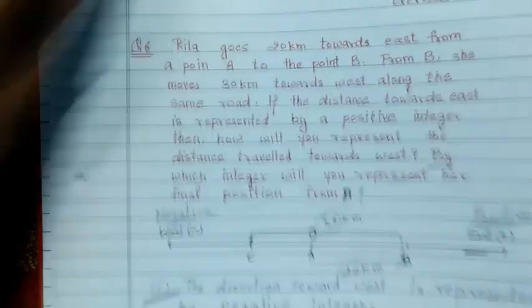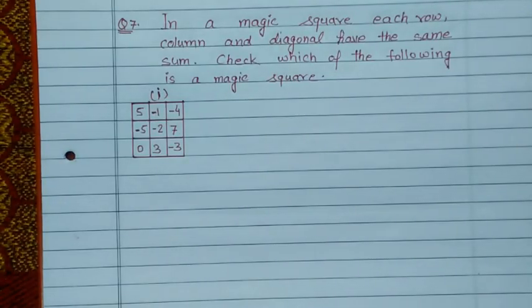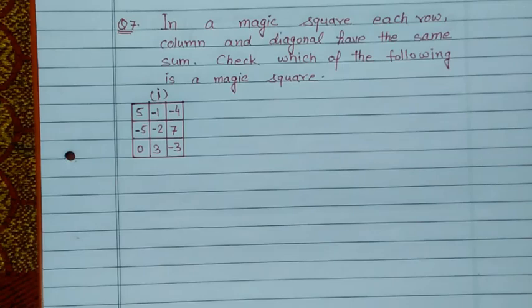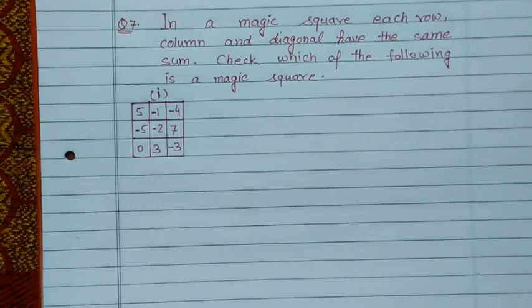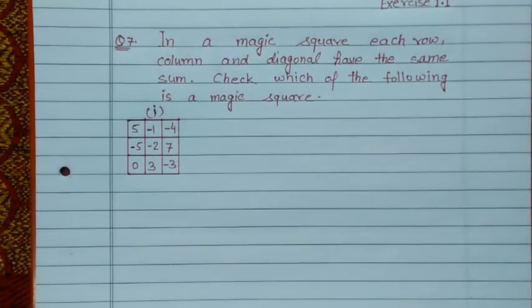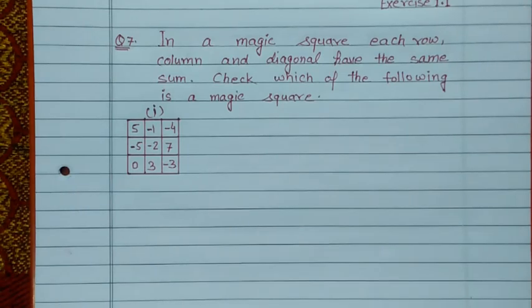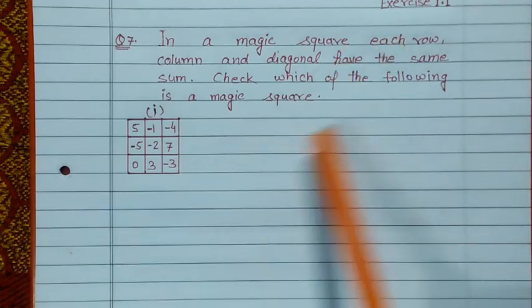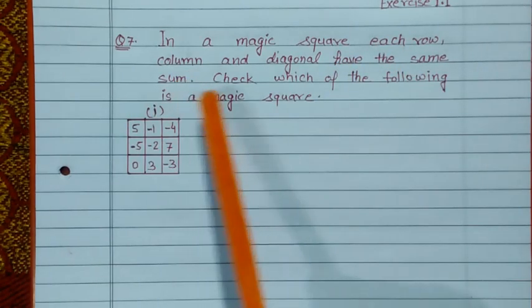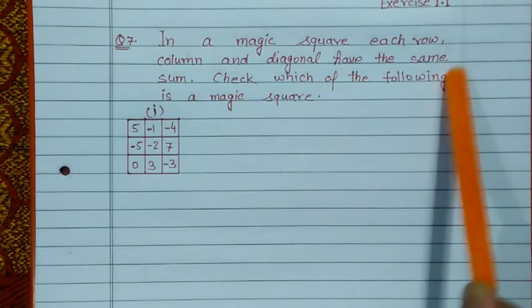Let's try to see question number 7. According to question number 7, in a magic square, each row, column and diagonal have the same sum.